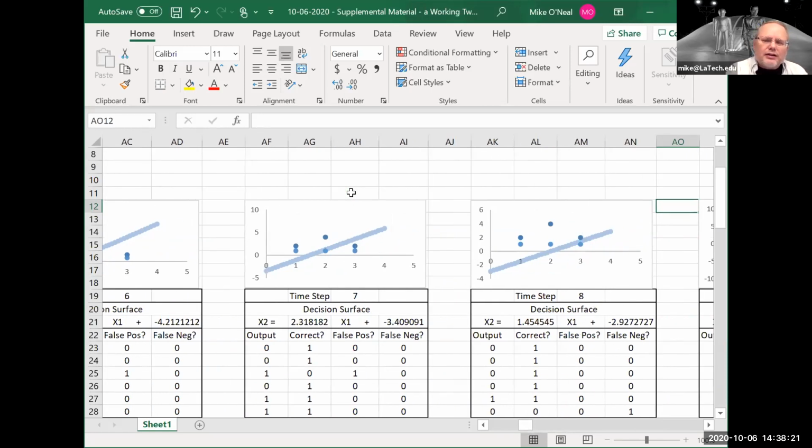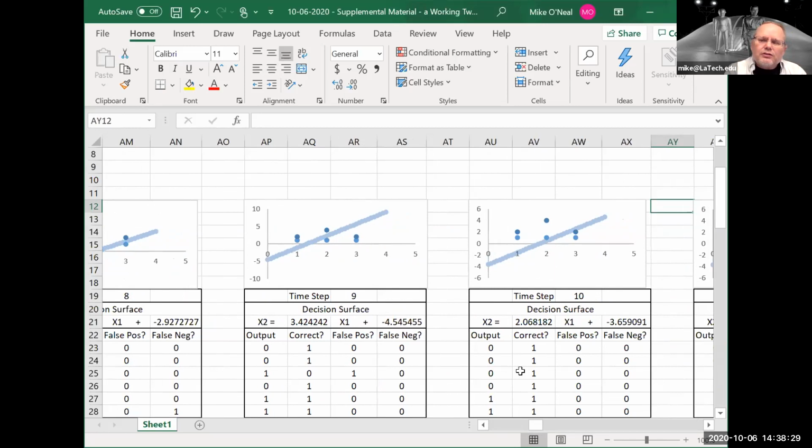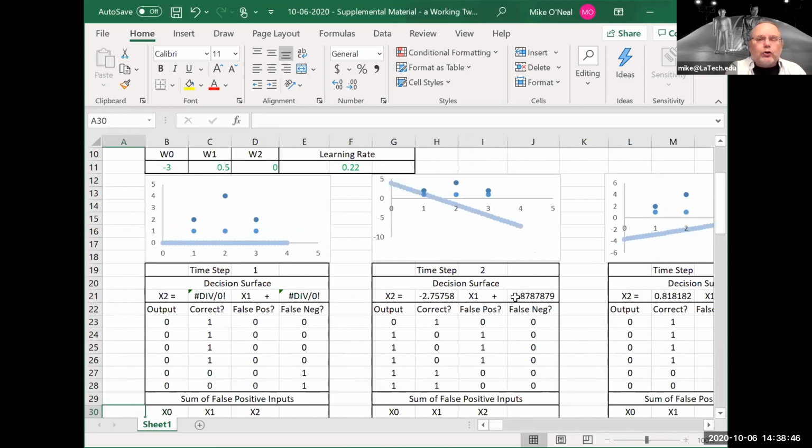I'm still occasionally getting inputs that are incorrect, but after 9 passes, from the 10th pass onwards, everything is correct. And again, you notice these numbers are different each time. You get a slightly different decision surface each time, but that's fine. It learned.